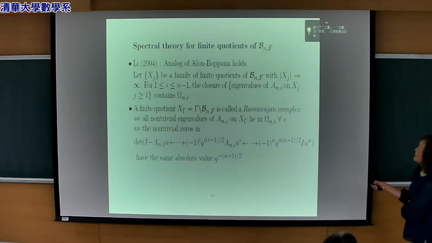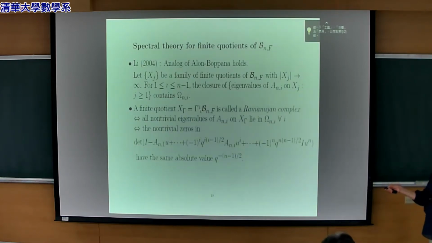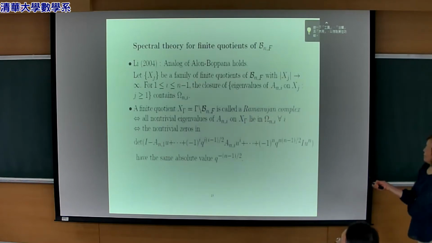So this is like before, where they want to go outside of the interval. Now they want to go outside of the spectrum of the universal cover. If we have a finite quotient where all the non-trivial eigenvalues stay within the spectrum of the universal cover, we call this finite quotient a Ramanujan complex.